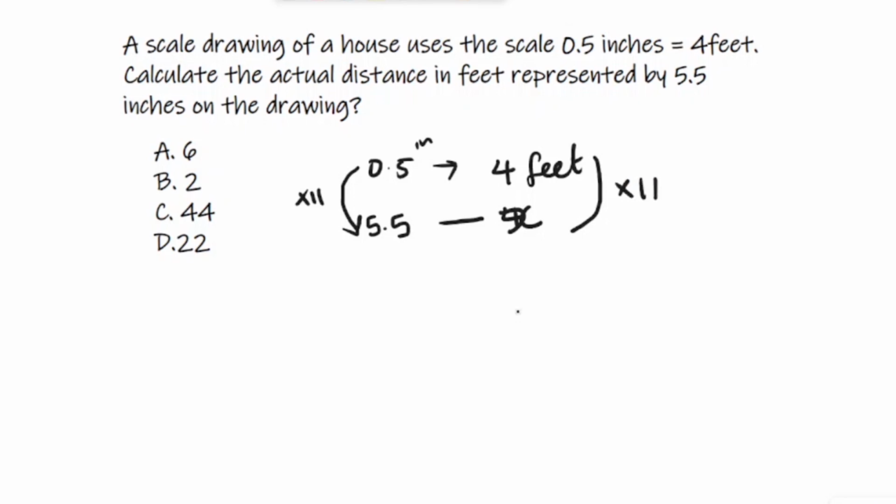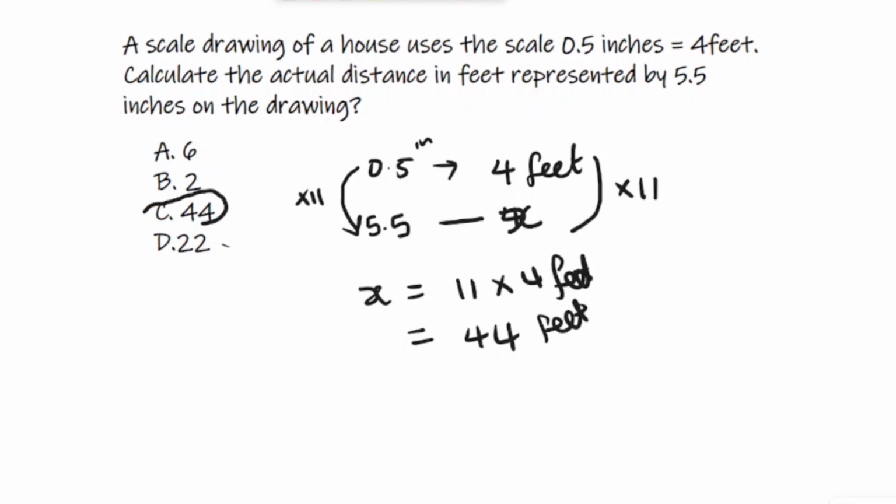So x is equal to 11 times 4 feet, which means x is equal to 44. So the actual distance represented by 5.5 inches is 44 feet. This is the correct answer. Perfect.